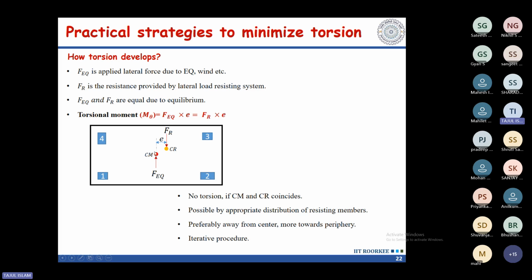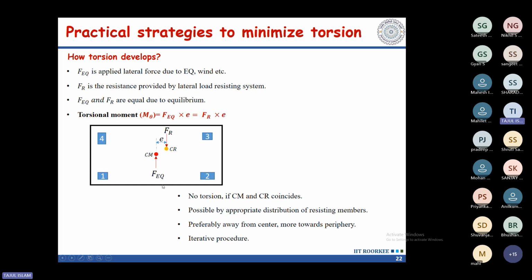So let us also assume this is the center of mass, and this is my center of stiffness, depending on the stiffness provided by these 4 vertical columns. So the eccentricity is the distance between center of mass and center of stiffness. Here I have shown only one eccentricity in x direction. Similarly, you will have this direction also. So you'll have two eccentricities actually, x direction distance and y direction distance. But just for the interpretation, let us consider this as the eccentricity.